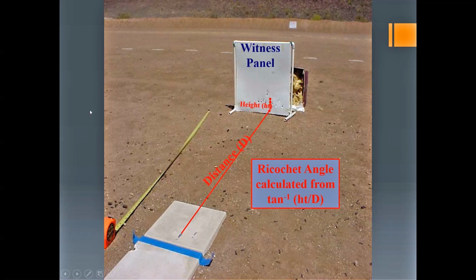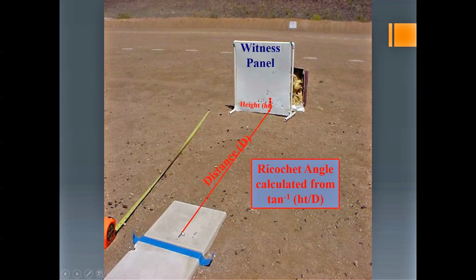I'm going to go back towards the beginning with you, mess with you a little bit. So the bullet strikes this substrate here. It ricochets here, creates a mark, right? If we level across from, and measure as well, from here to our witness panel, okay, this is a witness panel, we can take this measurement here, right?